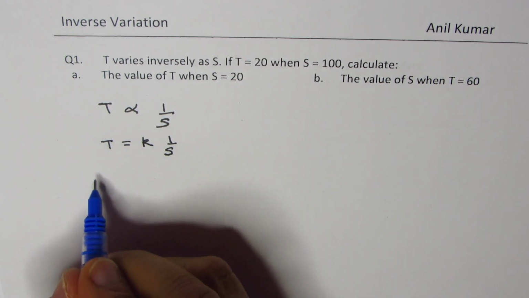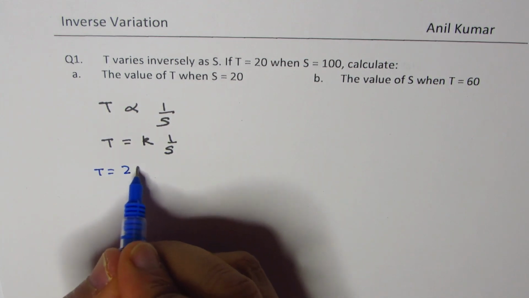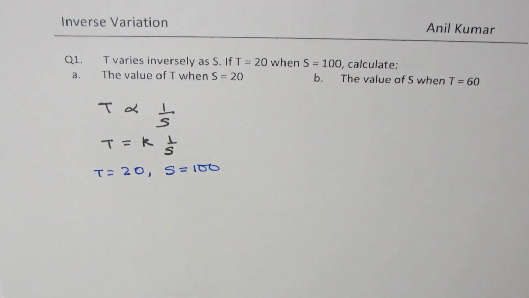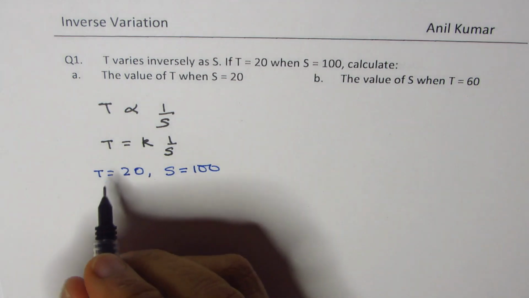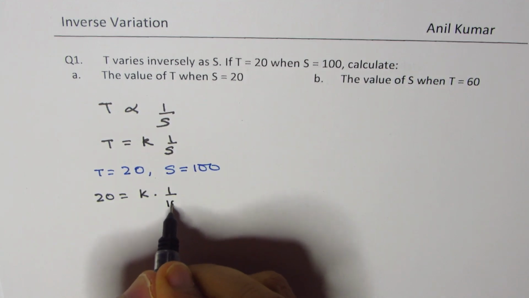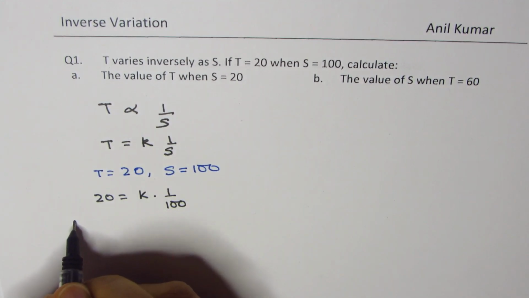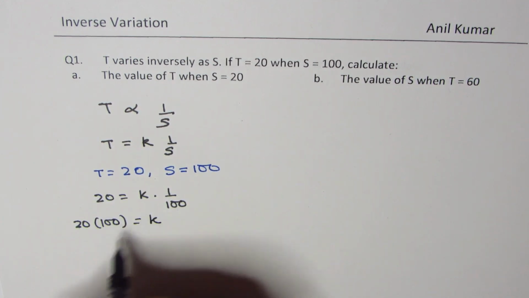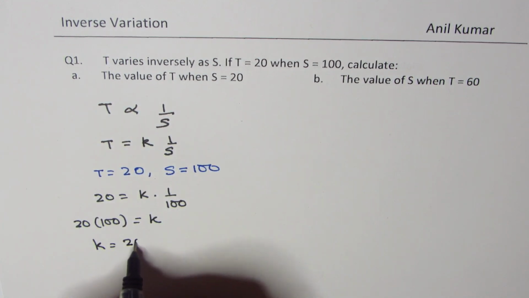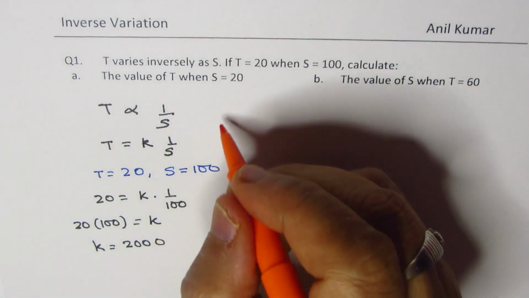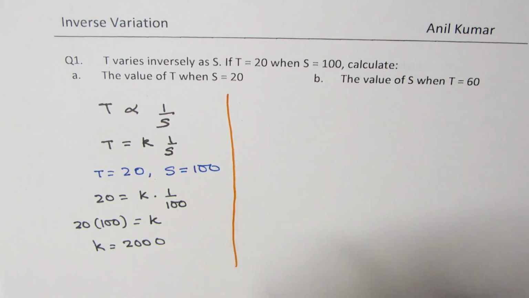We'll substitute these values to find the value of k. So we have 20 equals k times 1 over 100, and so 20 times 100 equals k. So the value of k is 2000. Is that clear to you? So we found the value of k from the given condition.